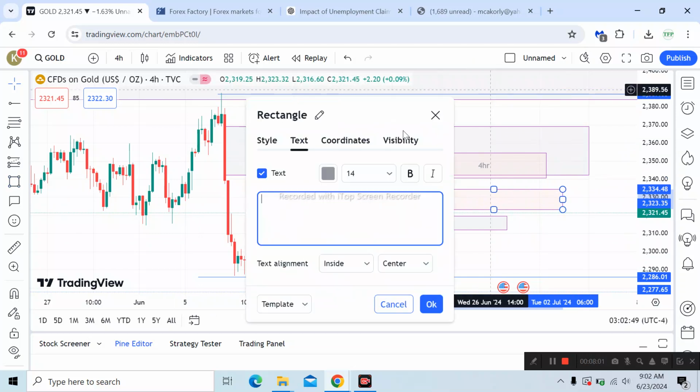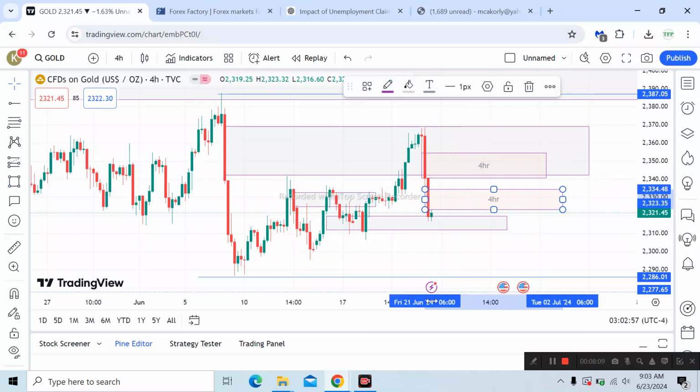Okay, so this is also going to be named another 4 hour imbalance. That's how I would like to see it.